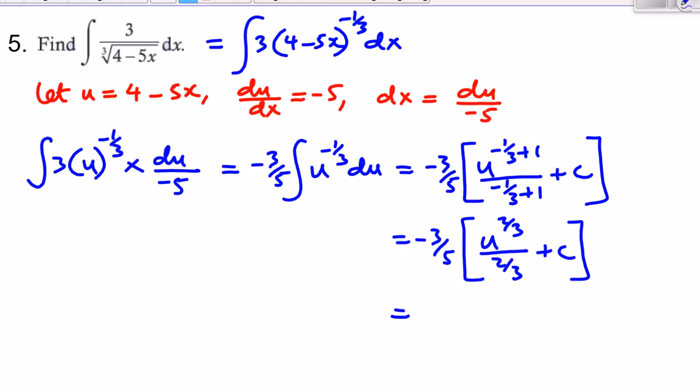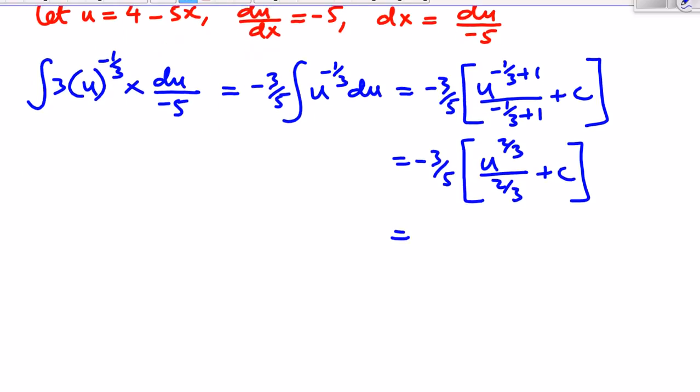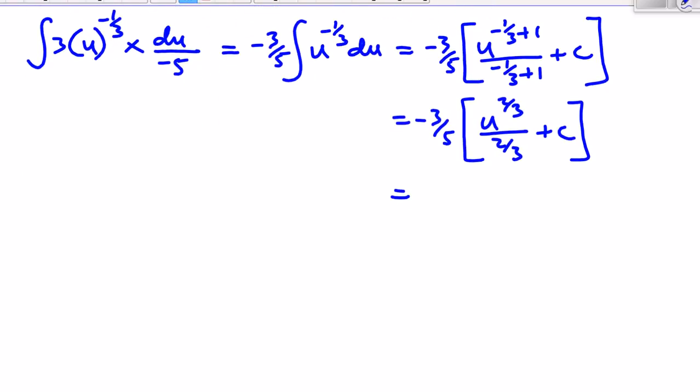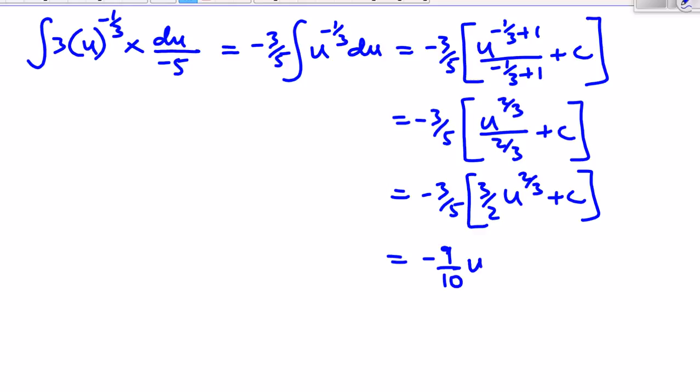Again, I'm going to rewrite this so we can easily see what's happening. Negative 3 over 5 into bracket 3 over 2 multiplied by u to power 2 over 3 plus c, which if we simplify will end up with negative 9 over 10 u to power 2 over 3 plus c.